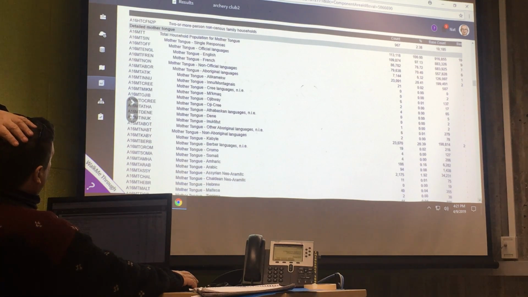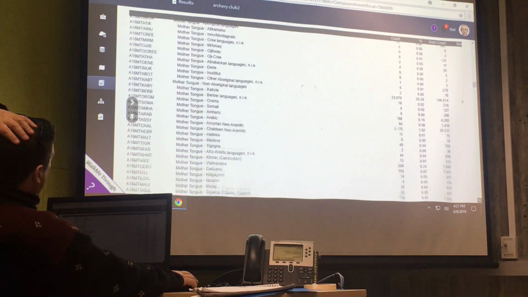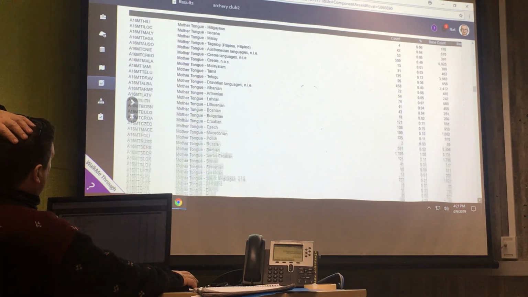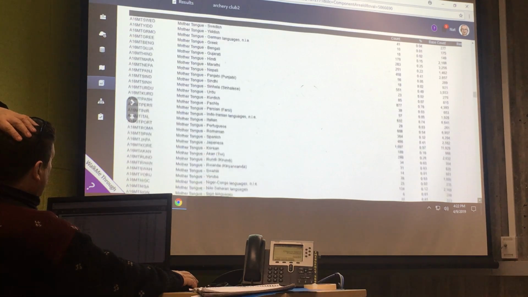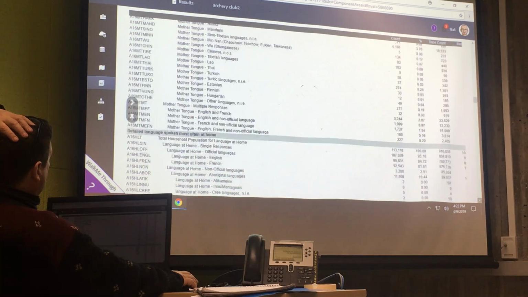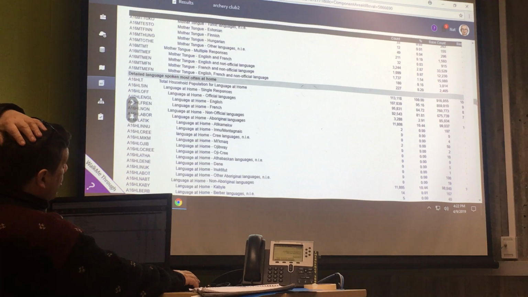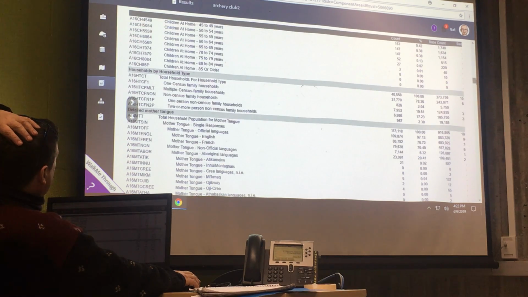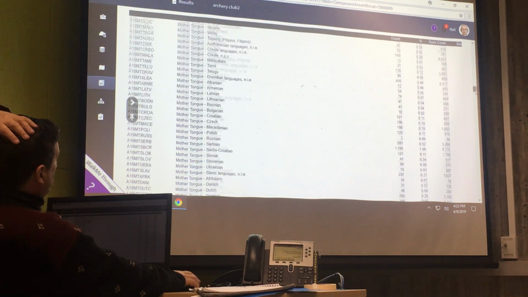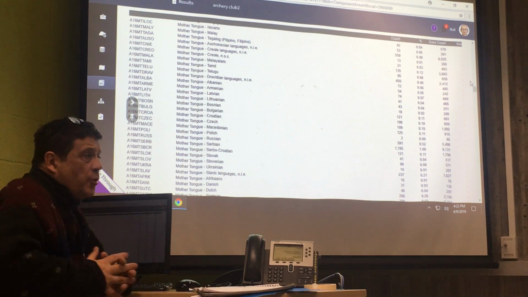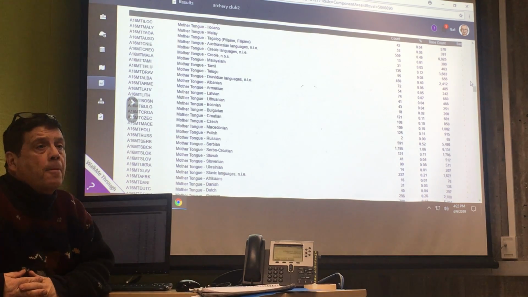mother tongue, English, French, and all the other different languages that you could imagine. Lots of languages. The language spoken at home. There's a difference here. Okay, here we are, mother tongue and language spoken at home. What's the difference between mother tongue and language spoken at home?